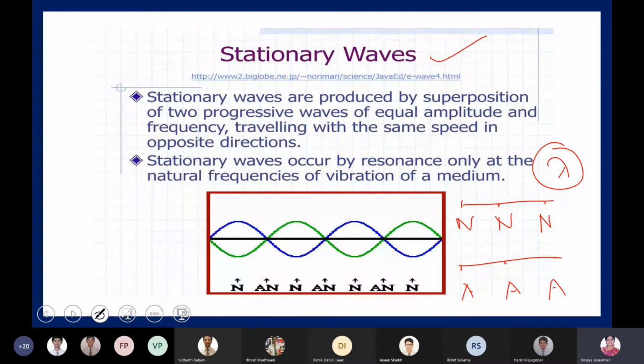The distance between two consecutive nodes or consecutive antinodes is lambda by 2. The distance between a node and an antinode is lambda upon 4. Is that clear, boys?